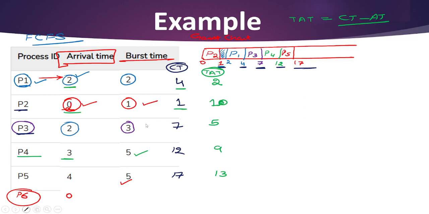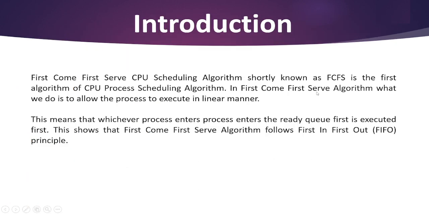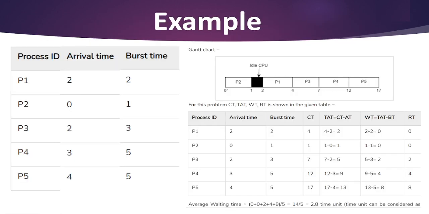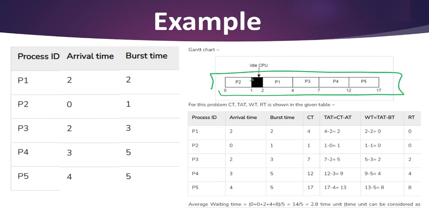Okay, if you are getting confused with all these colors, you can see here. This is the Gantt chart that we have created. The CPU is idle from point 0 to 1 because there is no process at that particular point. Okay, let's take one more example here. Let's say we have process P6 that arrives at 6 and needs the CPU just for 2 seconds.